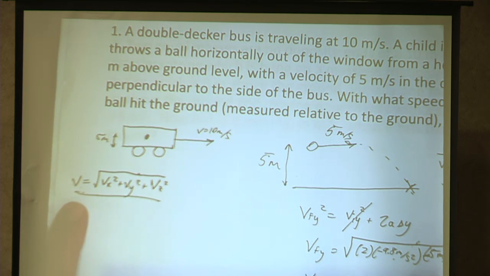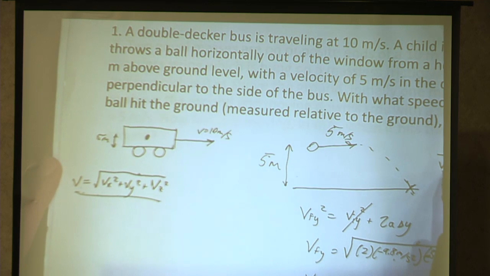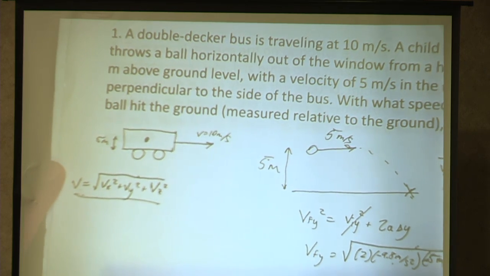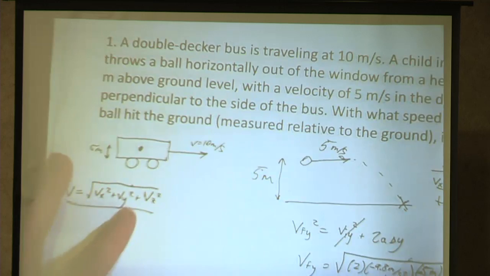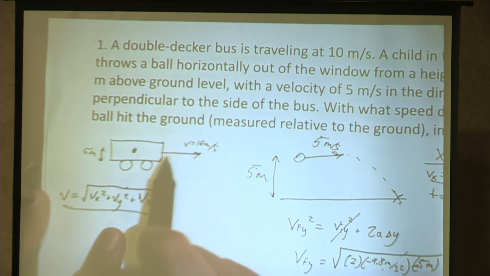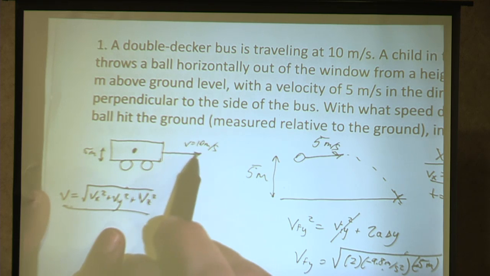So this velocity will be the addition of all these other velocities squared. So we already have Vx is known, Vy is known. Do we have a Vz? That is a good question. Yes, we do. So let's go back to our main bus picture right here. The bus is moving in the x direction, or what I'm calling the x direction.